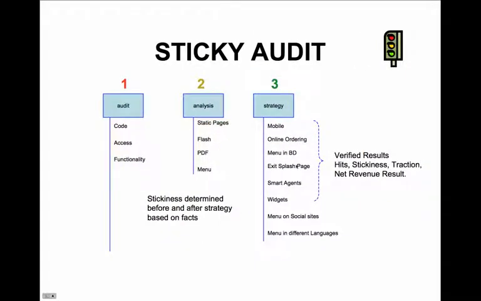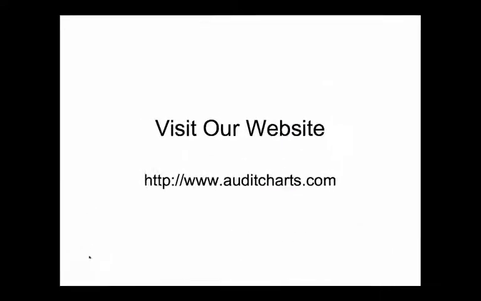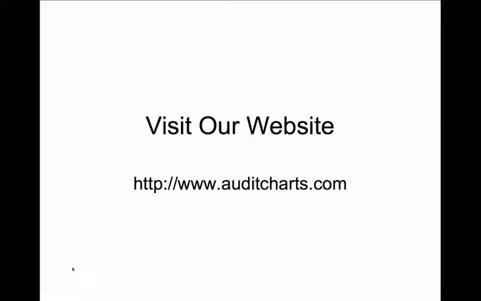Stickiness is determined before the audit and after strategic implementation, where results and net revenue results are verified. Thanks to Tim Berners-Lee in 1990, all web pages are the same code, but they aren't worth very much if that code isn't valid.